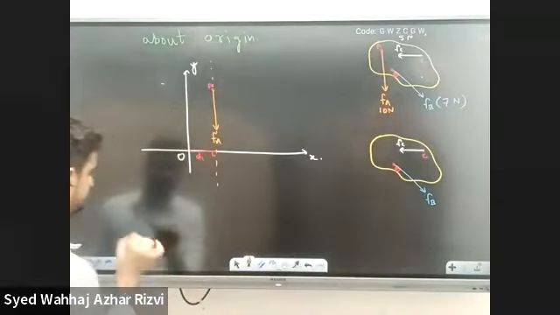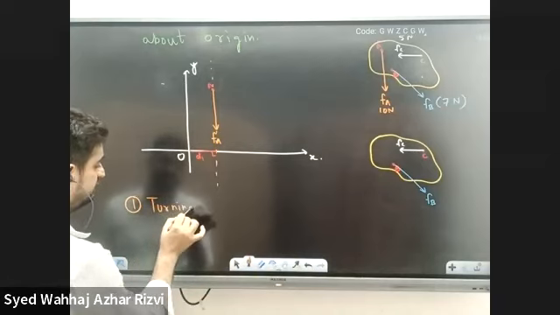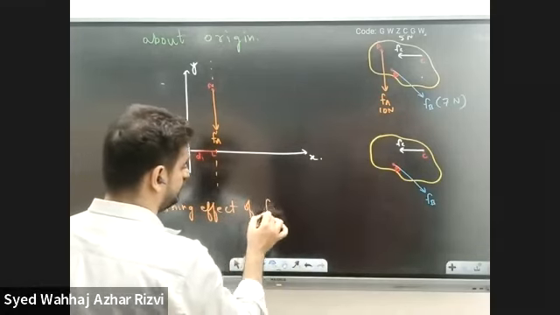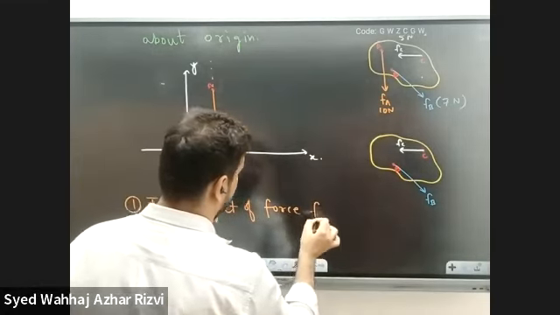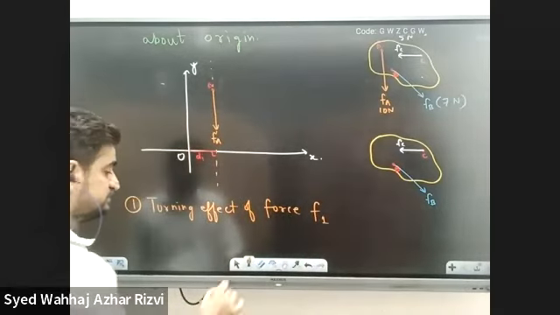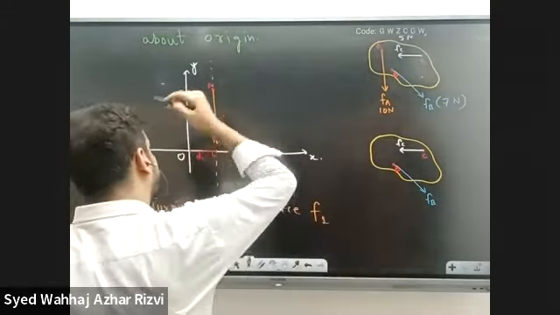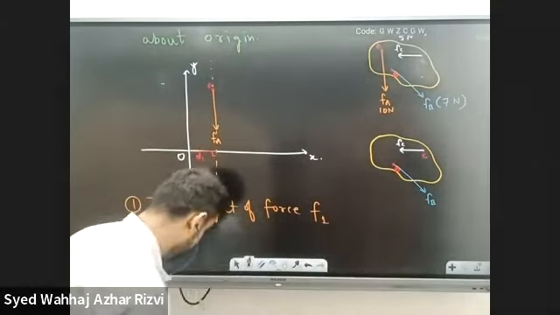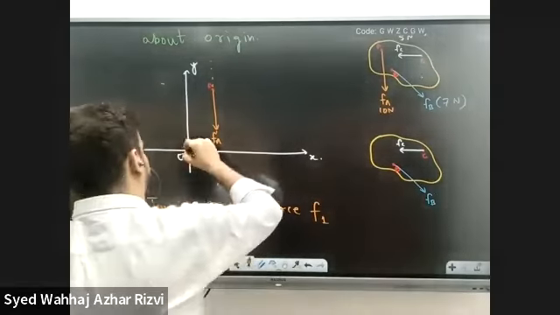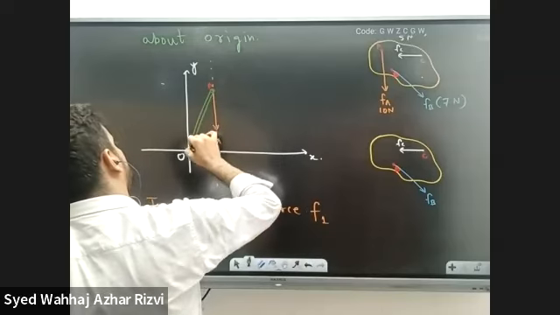Let's write down. First, it is turning effect of force F1. Okay. So in order to understand the turning effect, what we do, we imagine a rod like this. We imagine a rod like this.